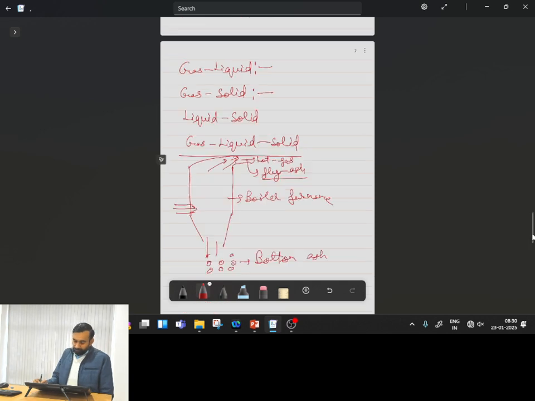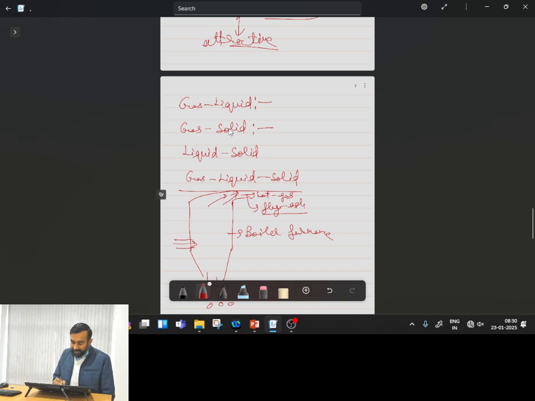So over here you can see that gas solid flows are very important in pneumatic conveying applications. Can you tell some other applications of gas solid flows? In pharmaceutical industry.